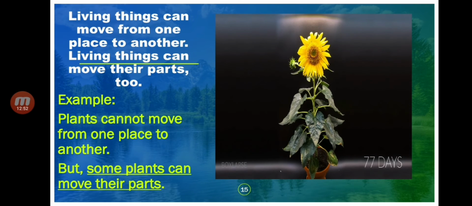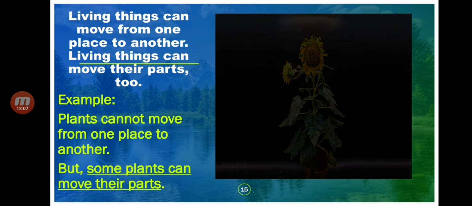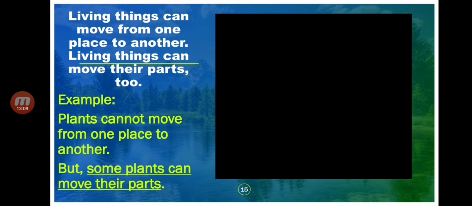And then after they bloom, they will die also. Even as they are dying, their body parts move also, right? So that's all about how plants move their parts. Now let's proceed to the next.